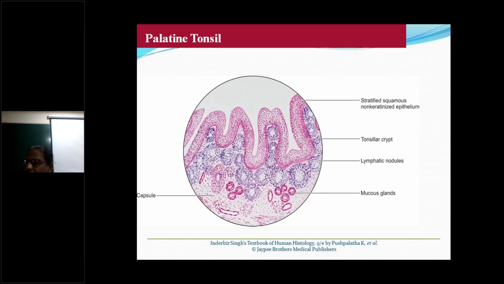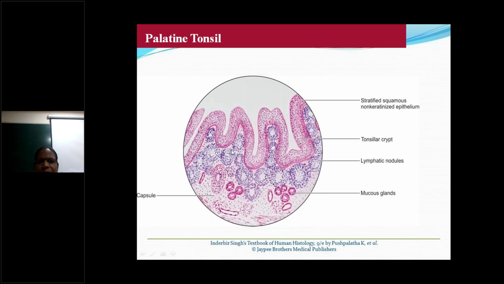In this epithelium, we know there are basal columnar cells, middle polyhedral cells, and upper squamous cells.